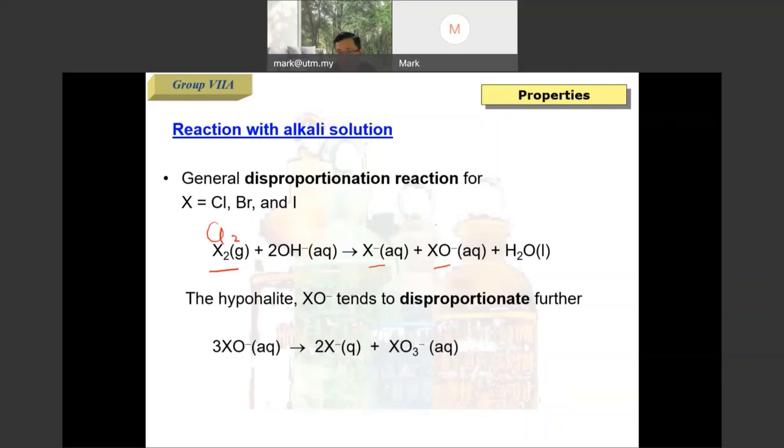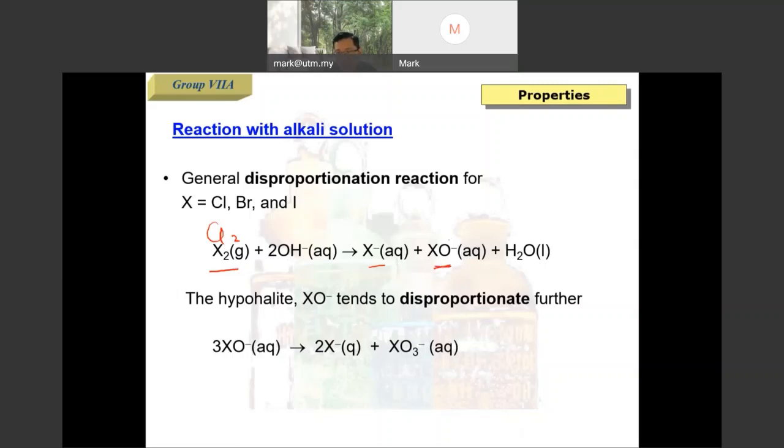The only difference is that when it reacts with the alkaline solution, the hypochlorous acid, as we saw earlier with water, is deprotonated. So the hydrogen is removed, and here it forms the hypochlorite anion.